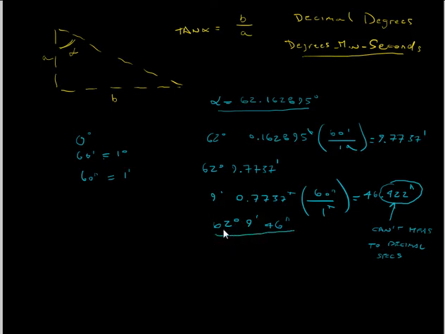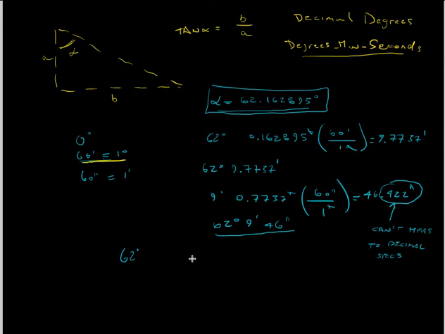So now let's check this and go back the other way and try to get the same exact angle in decimal degrees. We already have 62 degrees, so we don't have to worry about that. We have to worry about the minutes and the seconds. How many minutes are in 1 degree? We already said that. There's 60 minutes in 1 degree.